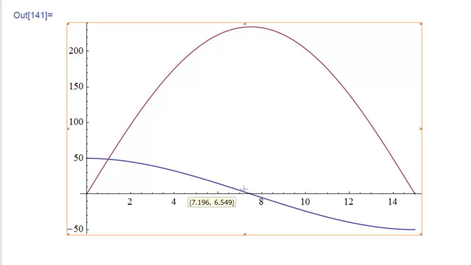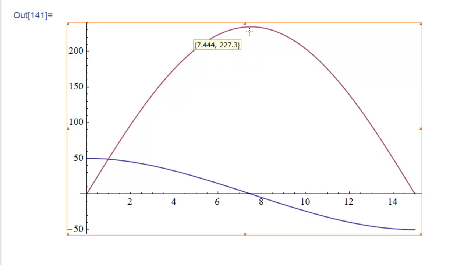Okay, let's double check our answers. At x equals 0, the reaction is 50. It's shown right here. And at x equals 15, the reaction is minus 50. So what about the maximum value here?